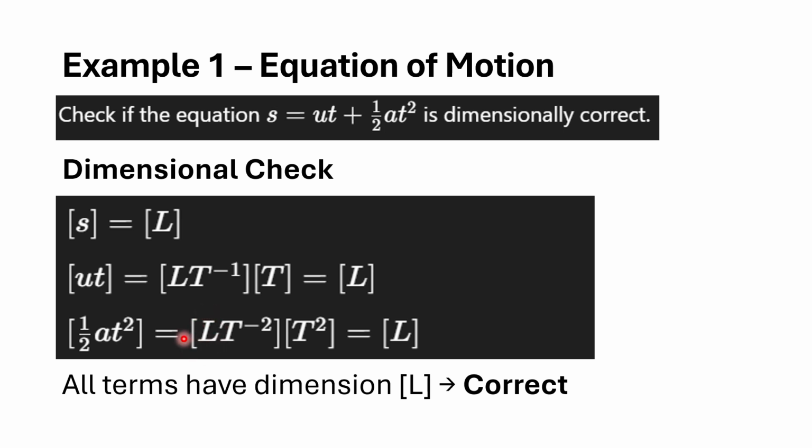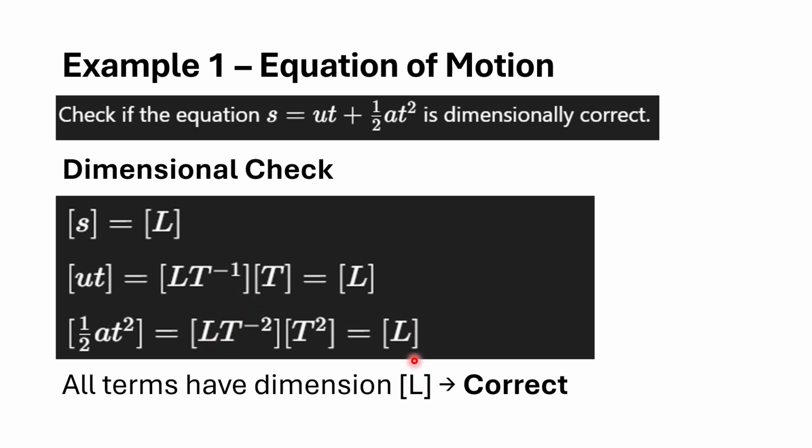Meter is denoted by L, divided by t square, so moving t square upward gives minus 2 in the power of t. The other one is t square, so these two t's cancel out, and we are left with only L.